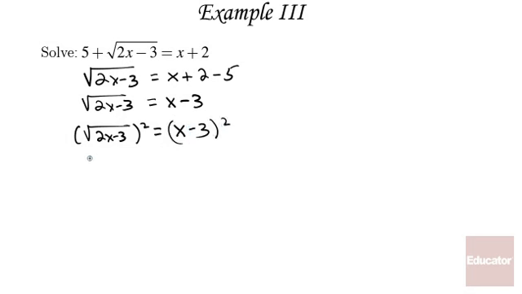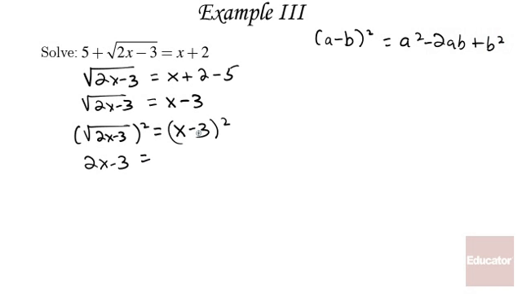So on this left side, I just take the radicand, 2x minus 3. Here I have the square of a difference, x minus 3 squared. Remember, a minus b squared, the square of a difference, equals a squared minus 2ab plus b squared. So that makes things faster. Here, a equals x and b equals negative 3.